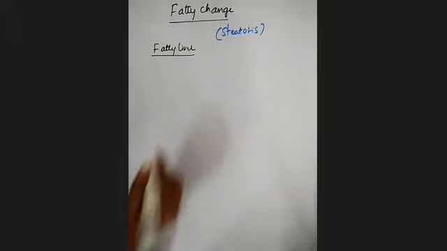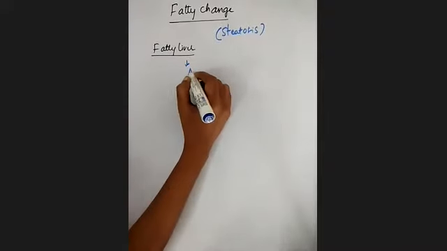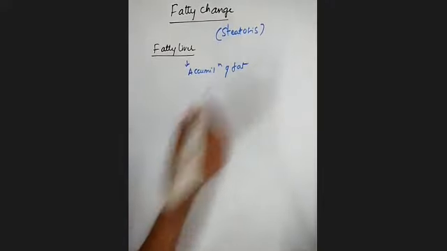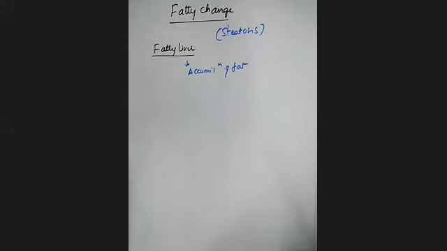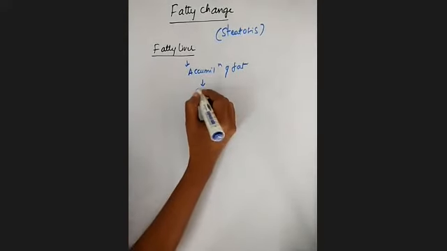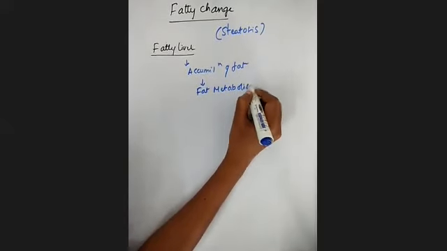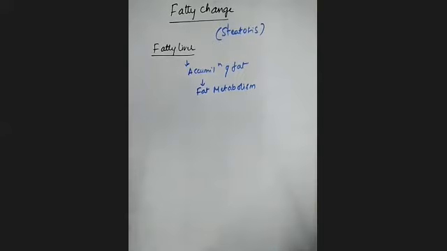Because the liver is the most common site for accumulation of fat. What is the reason behind that? I told you, the liver is a fatty tissue, which plays a very important role in fat metabolism.